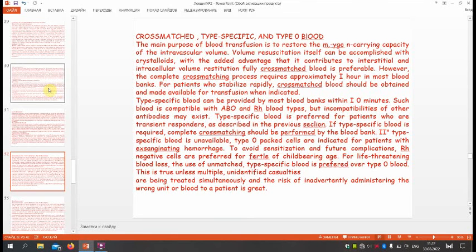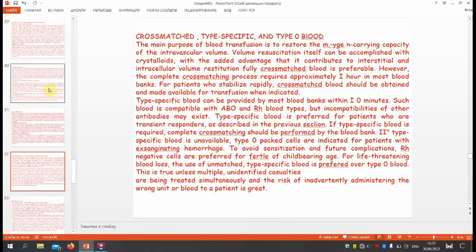Fully cross-matched blood is preferable. However, the complete cross-matching process requires approximately 1 hour in most blood banks. For patients who stabilize rapidly, cross-matched blood should be obtained and made available for transfusion when indicated.